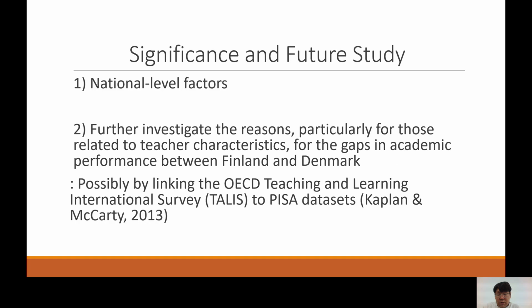So, significance and future study: national level factors. We need to consider national level factors. Then the model would be level 1 student, level 2 school, level 3 nation, country level, such as GDP and nationwide variables.